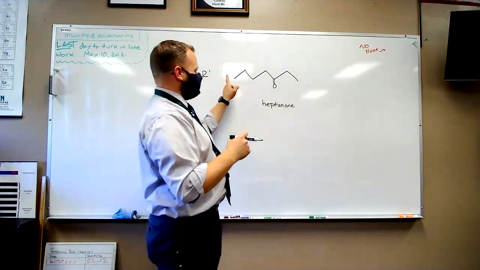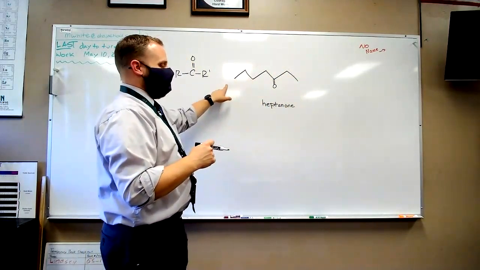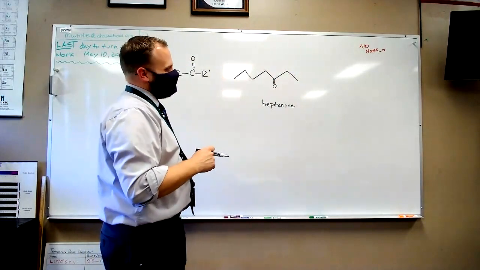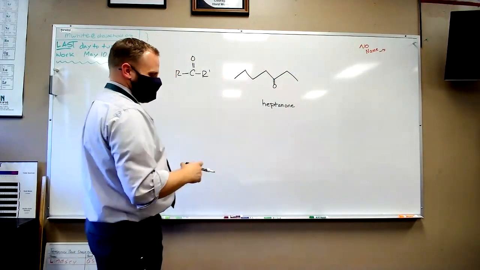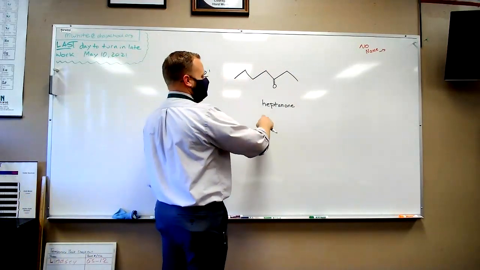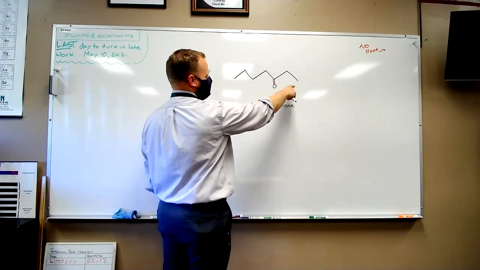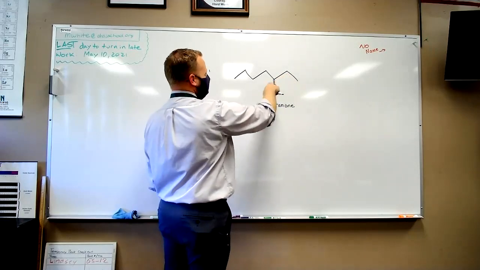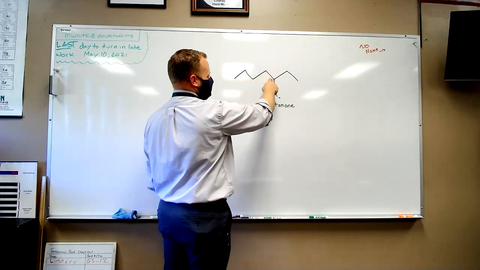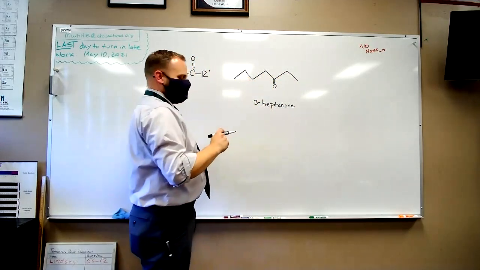We can start here or starting there, and we pick the number that gives us the lowest. Pretty obvious, we're going to start on this side, because that's 1, 2, 3 instead of 1, 2, 3, 4, 5. So this is 3-heptanone.